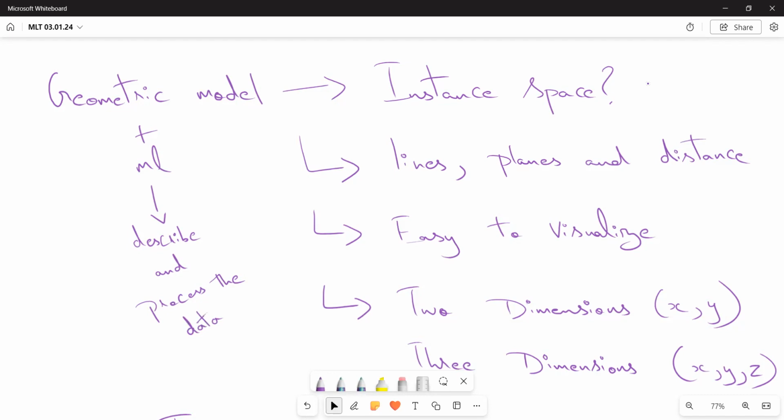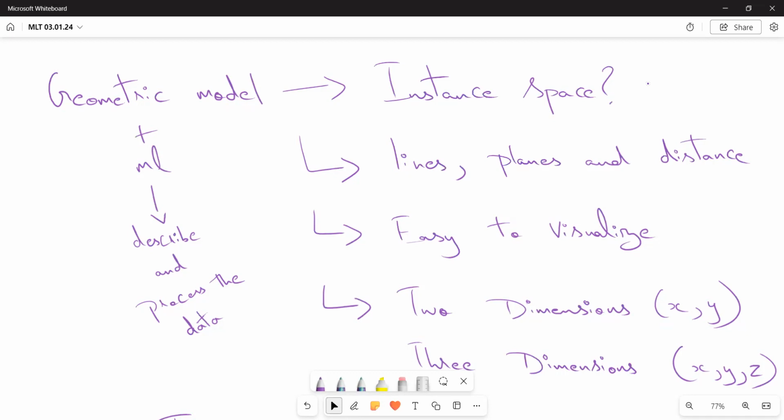It works with the instance space. Coming to the next part, this is constructed directly into lines, planes, and distance. And what do lines, planes, and distance help you to do? All of these help you to have an easy visualization. That is why it is directly constructed into lines, planes, and distance.